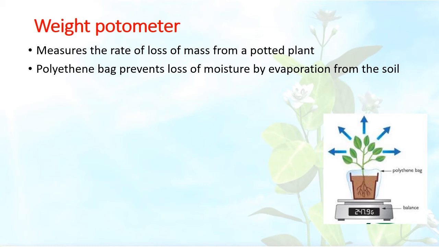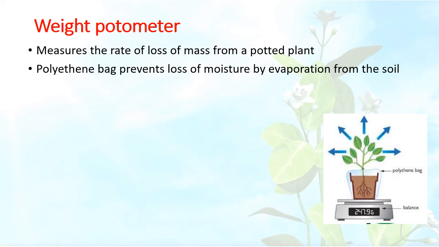We know that when we are keeping that plant to check for the transpiration, there will be loss of water from the soil too due to evaporation. But if we take this as the final measurement, it gives a false reading because we need to measure the loss of water only from leaves. So we are covering that soil using a polythene bag.